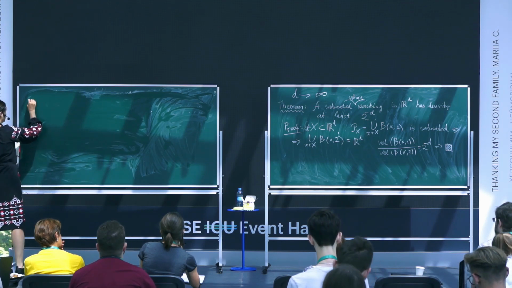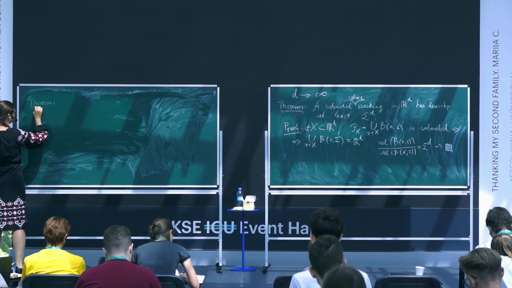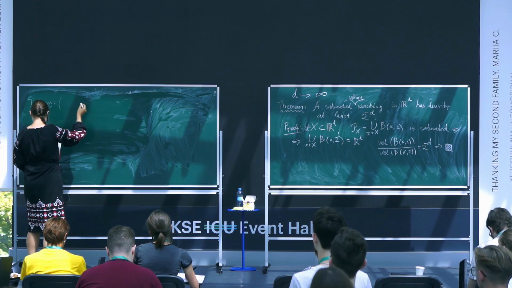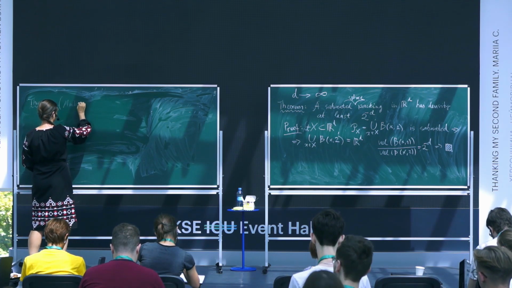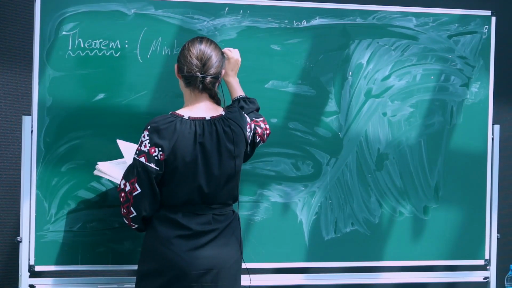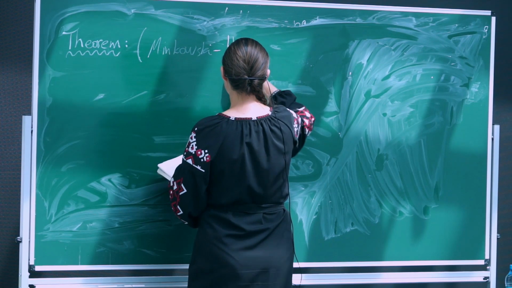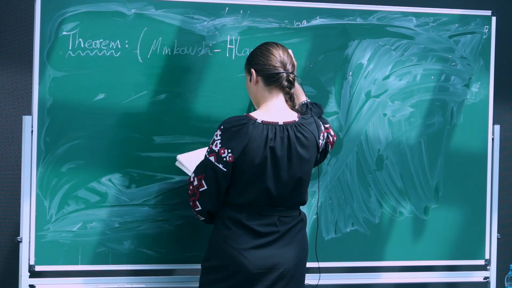And so here's a theorem, which is also a very old theorem, and it goes back to Minkowski. Then the work of Minkowski was somehow refined and rewritten several times in a more modern mathematical language.